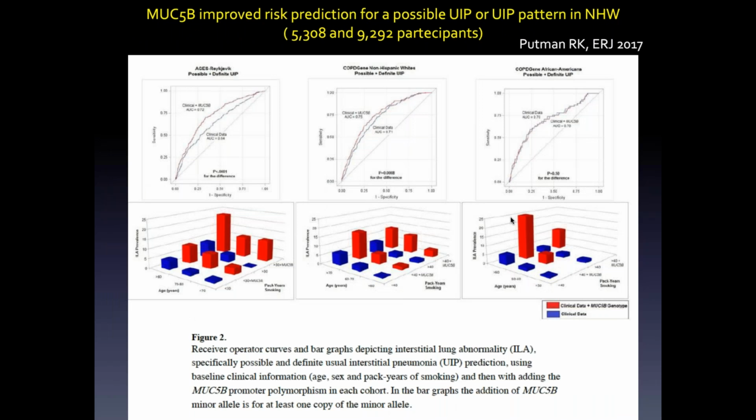And with the MUC5B polymorphism data, you can show that with this polymorphism, the risk to have possible or definite UIP pattern in high resolution CT scan significantly increased. So it means that there is a strong association between MUC5B polymorphism and the presence of some clues indicating UIP in patients with ILA.